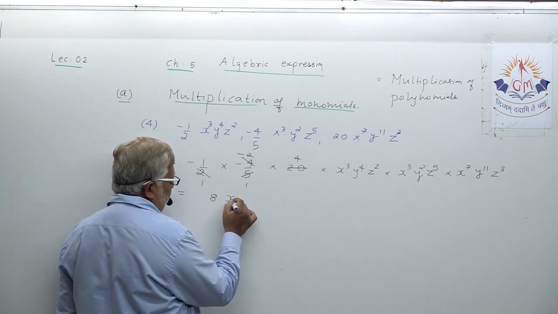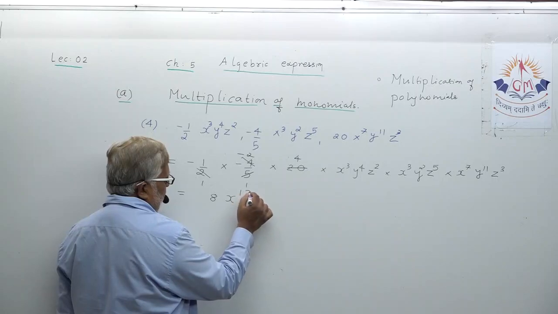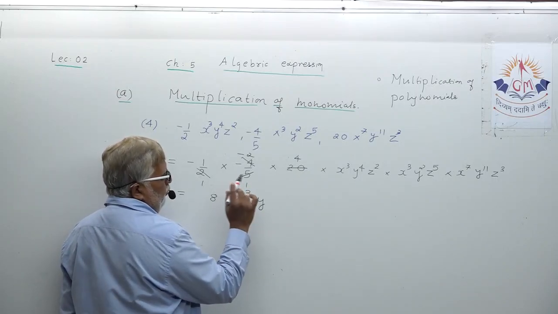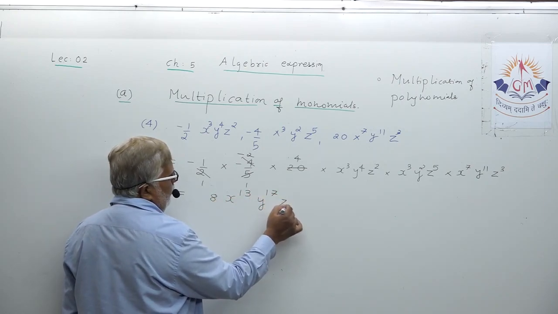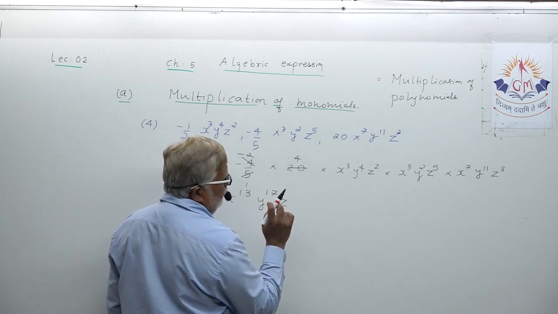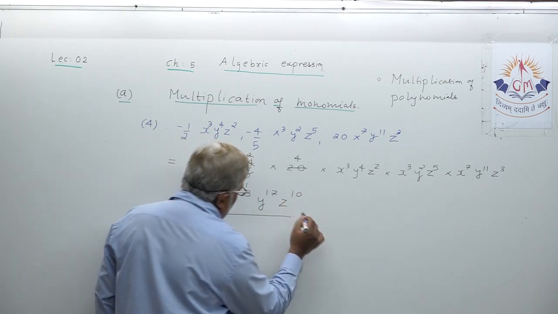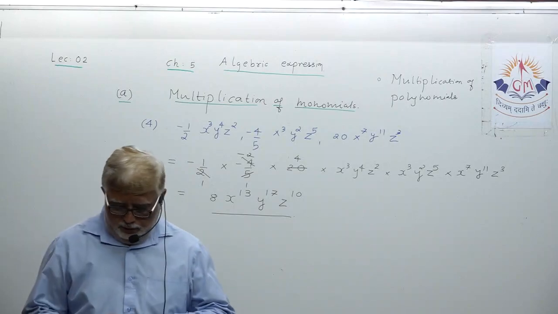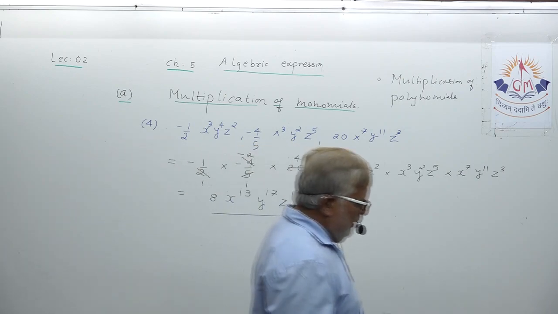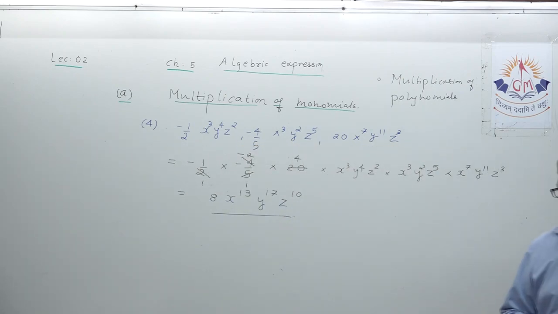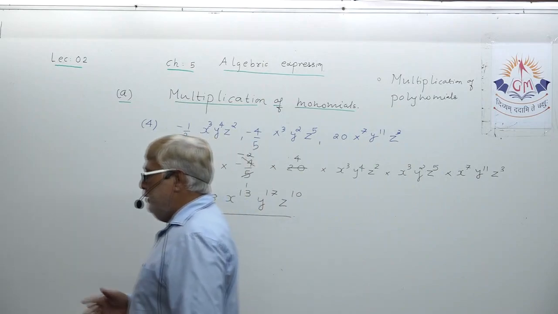Now the multiplication of the variables: 3 plus 3 plus 7, x raised to 13, y 4 plus 2 plus 11, y raised to 17, z raised to 2 plus 5 plus 3, z raised to 10. You got this particular answer, dear student. Please concentrate on this. This is very important, because once you understand how to multiply two monomials, then you will understand the concept of multiplying monomial and binomial.